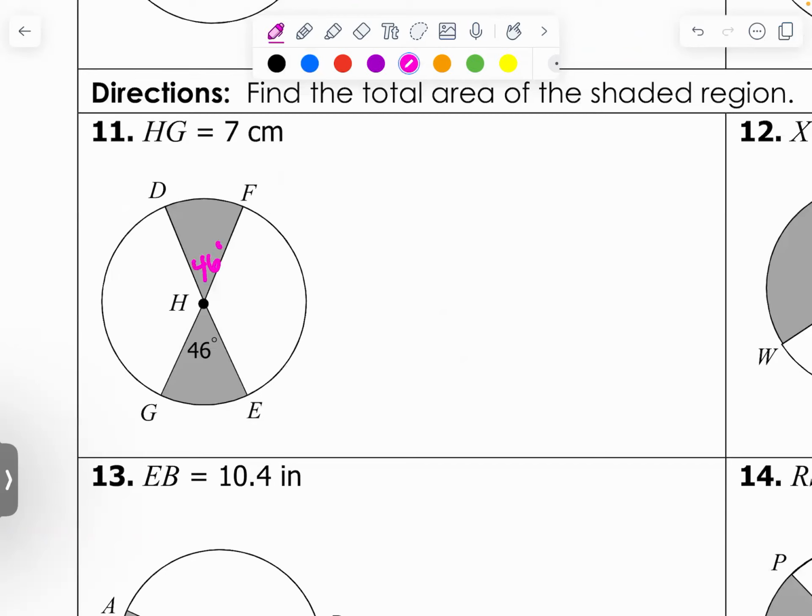Now, we can find 2 separate areas of a sector and add them together, or we can imagine them being squished together. What would our angle be? Our angle would be 92. So when we find this area, we could just say our arc degree measure is 92 because we can just put the 2 together.